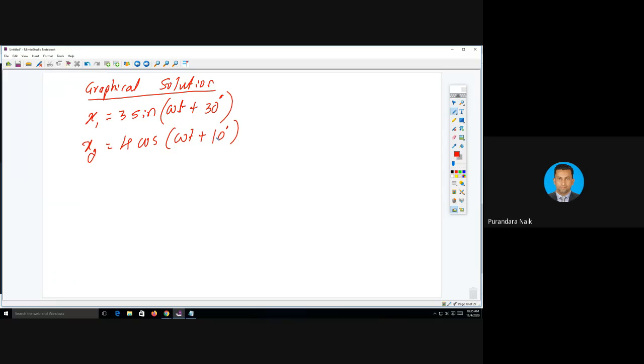How do you convert this into sine? I'll keep the 4 cos as it is and rewrite this equation: omega t plus 100 degree minus 90 degree.